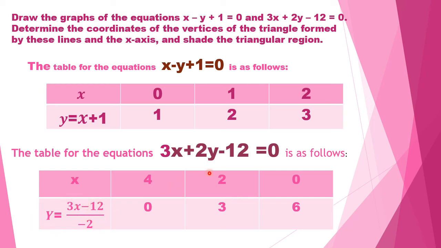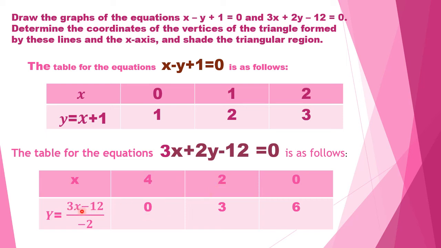I have taken three random values of x. For that you are seeing that I have taken one value as 0 in x and one value as 0 in y to save the time. So on taking three random values of x, I got the respective values of y. Now suppose I take 4 over here, replace x with 4. 4 3s are 12, 12 minus 12 is 0.